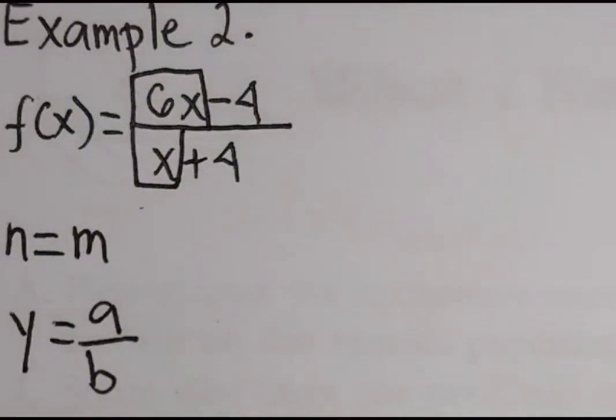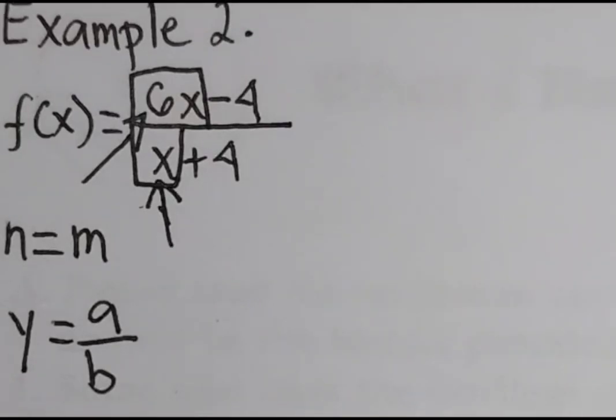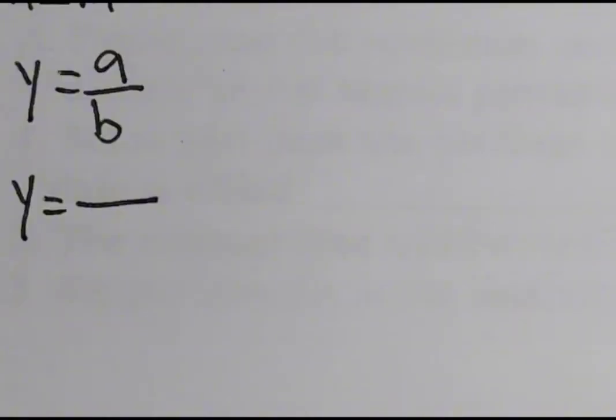So the leading coefficient of our numerator is 6, and for our denominator it is 1. Then substitute our leading coefficients. So y is equal to 6 over 1.